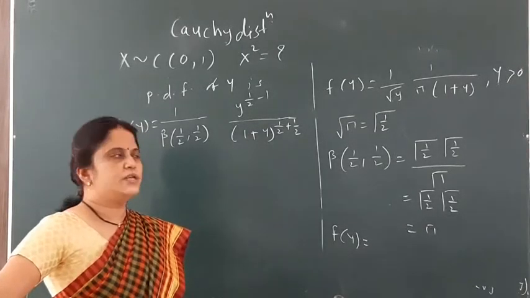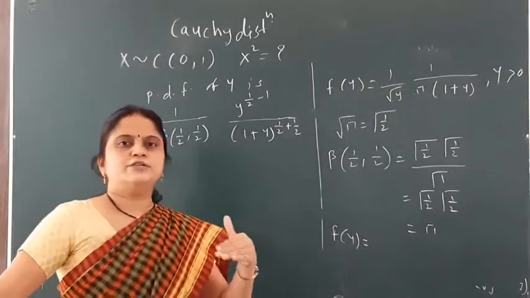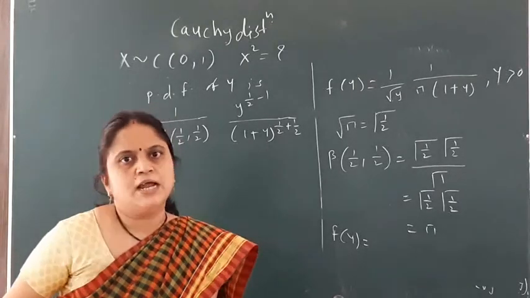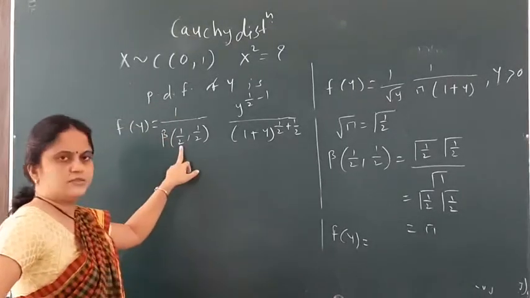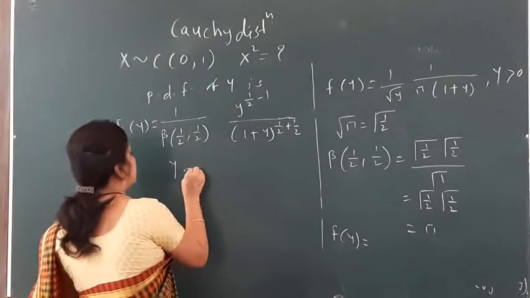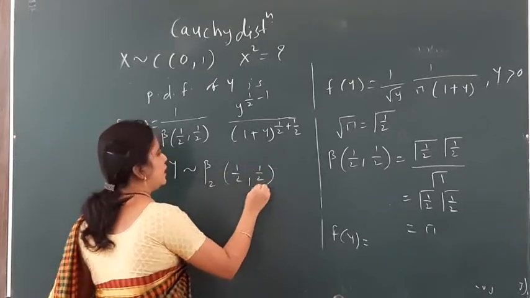Since over here I have numerator and denominator, obviously it is a beta distribution of the second kind with parameters m and n, this is nothing but m and this is nothing but n. So we write this as y follows beta second kind with half comma half.